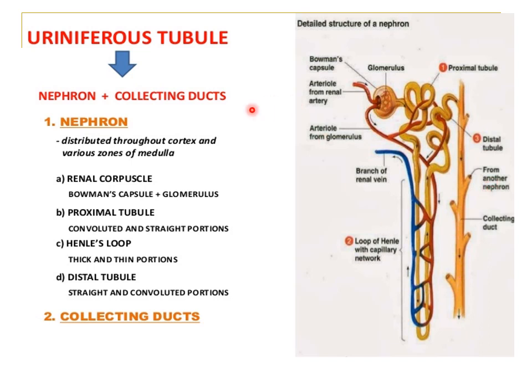So the nephron plus its collecting duct constitutes the uriniferous tubule.